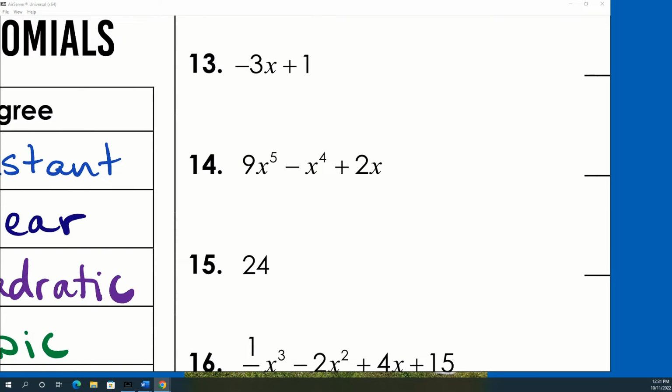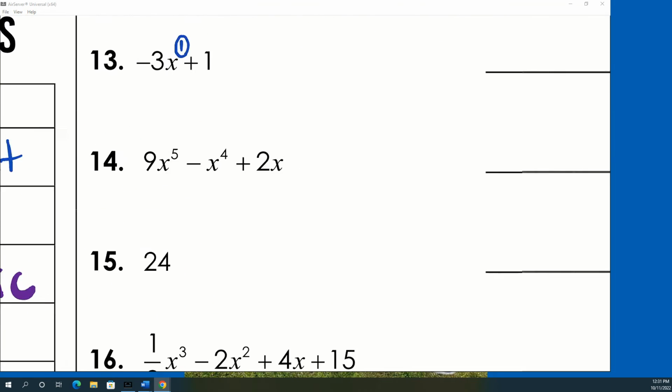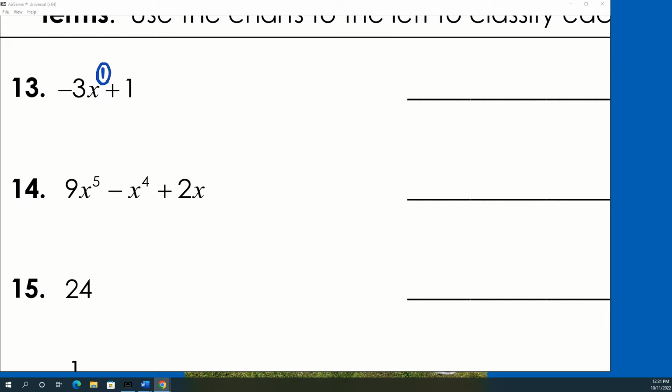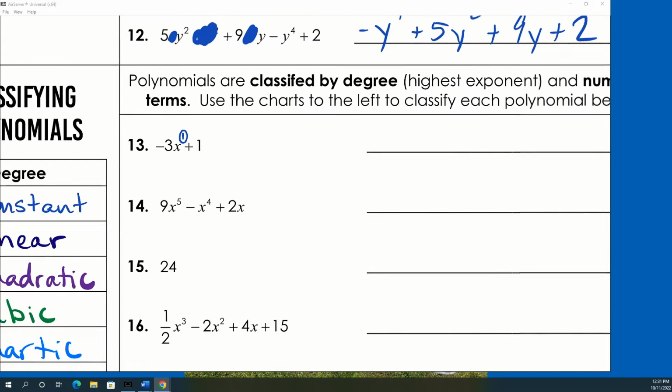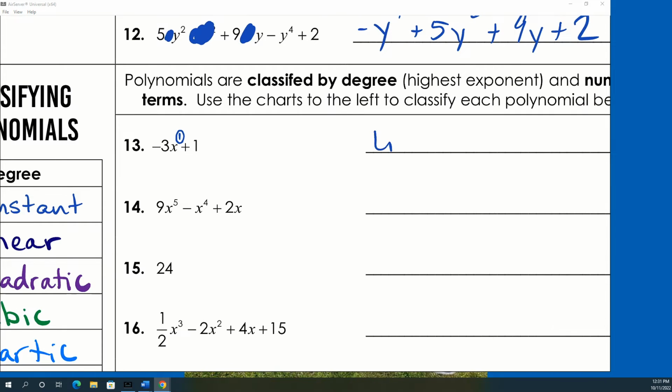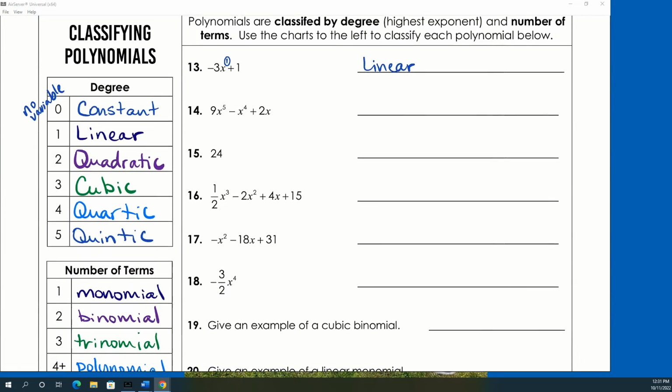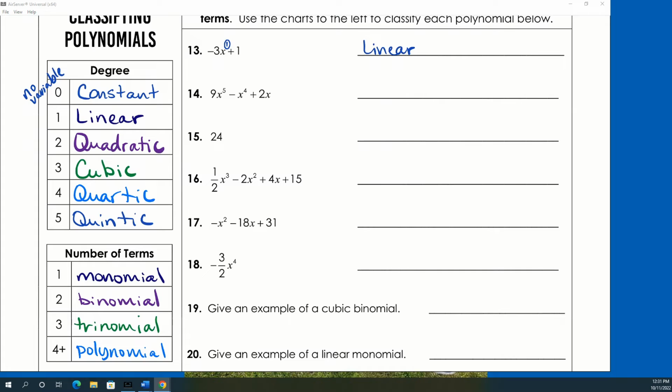If there is an x, but there's not an exponent on it, what is that exponent? A 1. That's okay. So this one is going to be linear. And then what about number of terms? Binomial. So there's 2 terms. Terms are separated by addition and subtraction. So this is going to be a linear binomial.